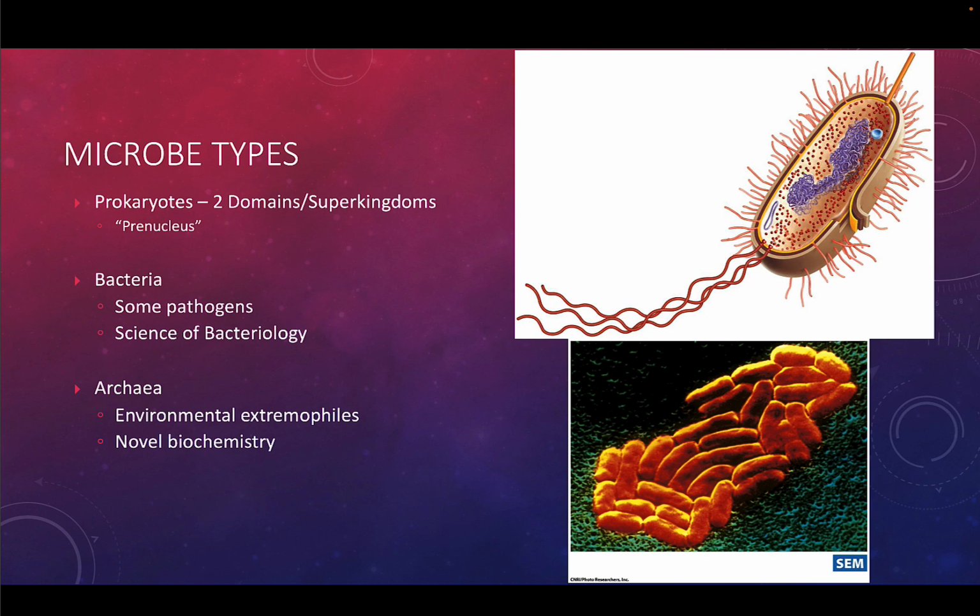The other domain that are prokaryotes are the archaea. Generally, archaea are what we call extremophiles. They thrive in extreme environments: very hot, very cold, very salty, very acidic. They have a way of maintaining their cells and doing metabolism, a type of biochemistry, that is novel.